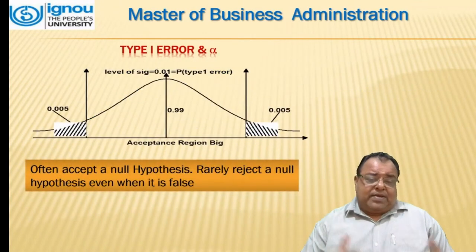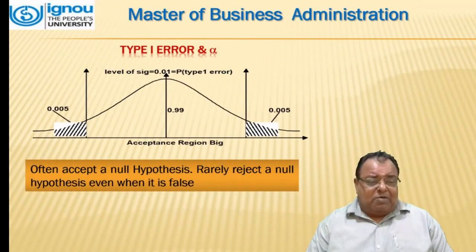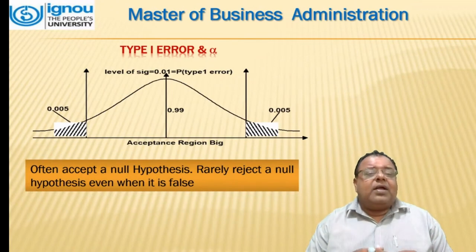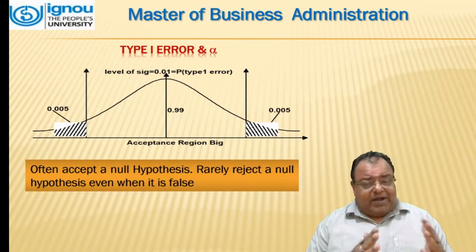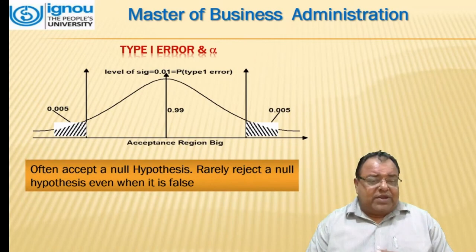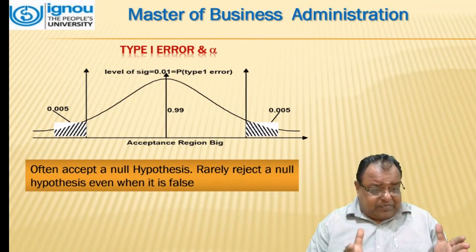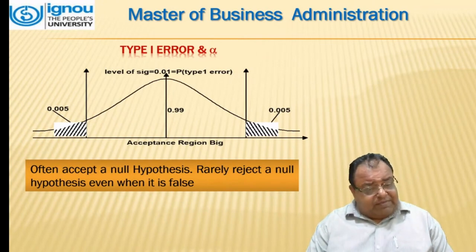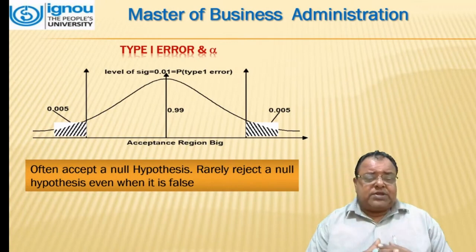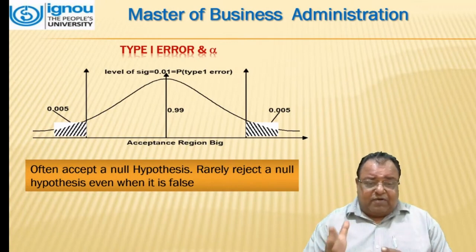Now mathematically, graphically we can see how this type 1 error and alpha are related. The level of significance is 0.01, which is type 1 error. We can see that often we accept the null hypothesis and rarely reject a null hypothesis even if it is false.